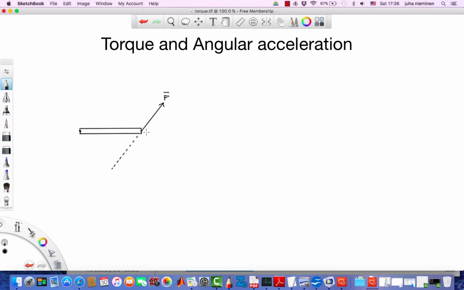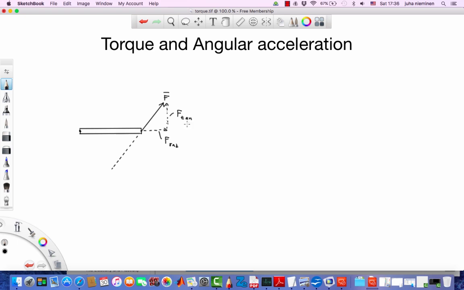But first, let's divide this force into two components. It has the component along the axis of the lever, which is called F radial. And then it has the tangential component that is perpendicular to this. So this is F tan.